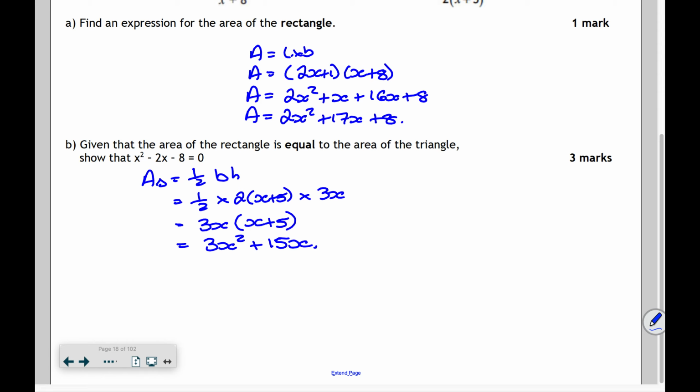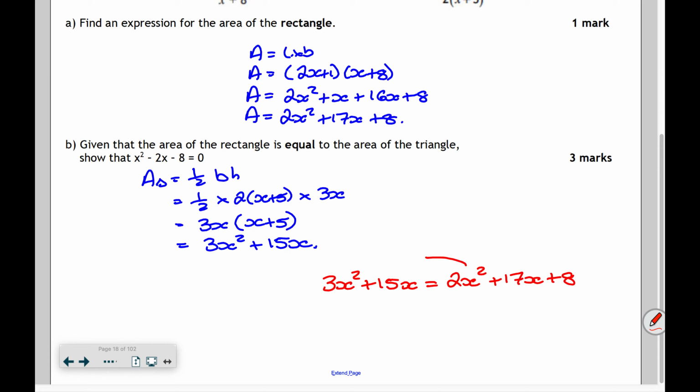Now it's saying here in part B that the area of the rectangle is equal to the area of the triangle. So therefore that means that, and I'll do this in a different colour, 3x squared plus 15x is equal to 2x squared plus 17x plus 8. So then we want to make it look like what we have here on the left hand side.